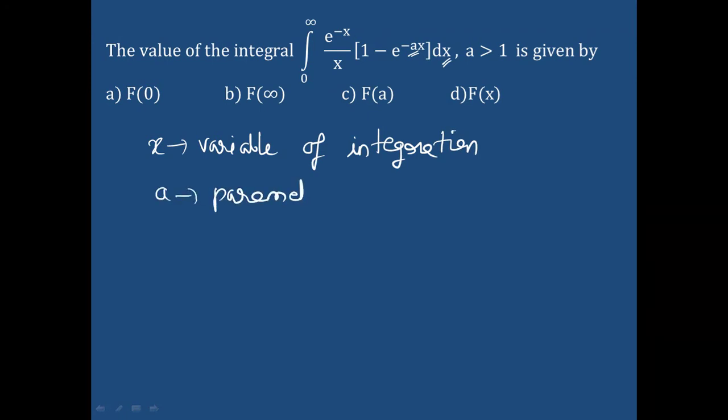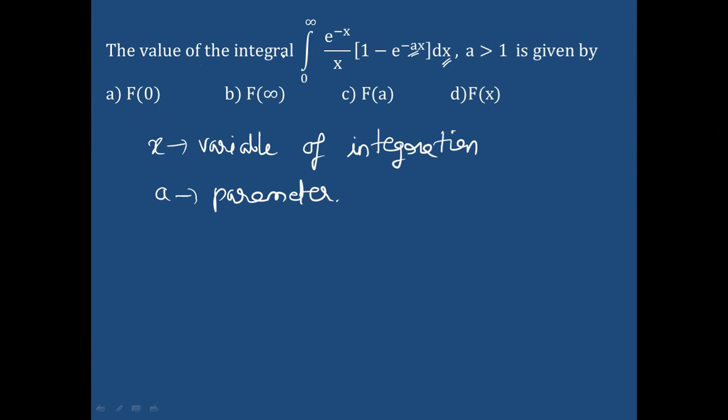It's a general rule that you will integrate this with respect to x, and after integration you will apply the limit for x. So obviously x will get resolved. So the only thing left after completing the process of integration is a. So finally we get the answer in terms of a.